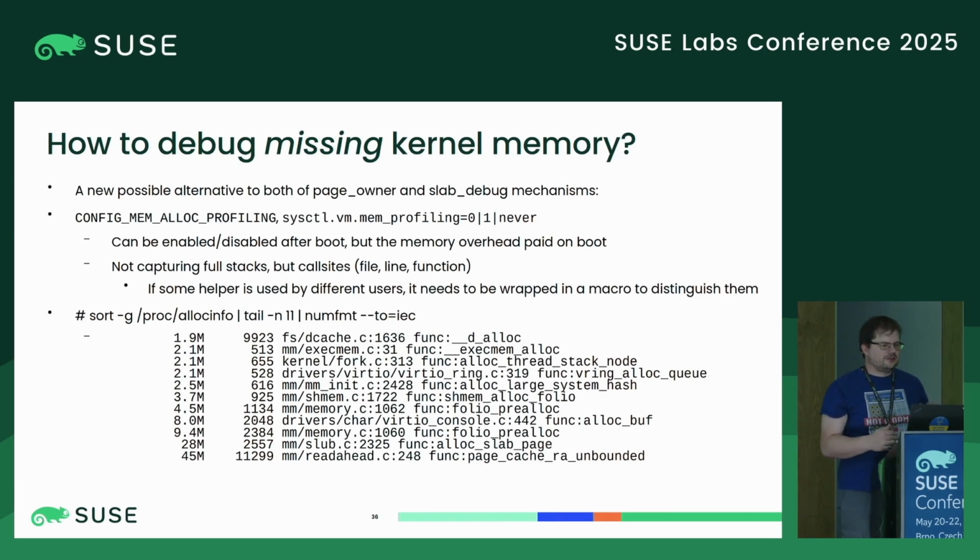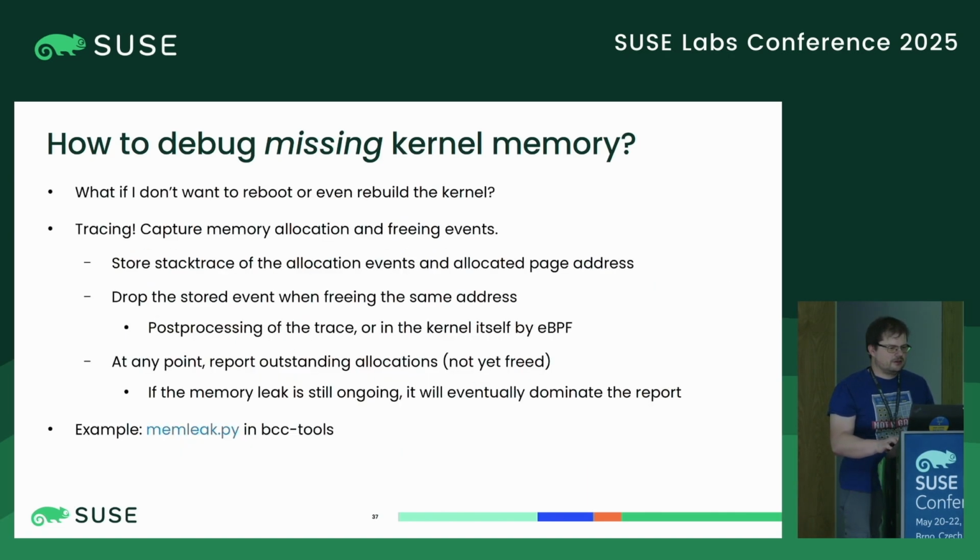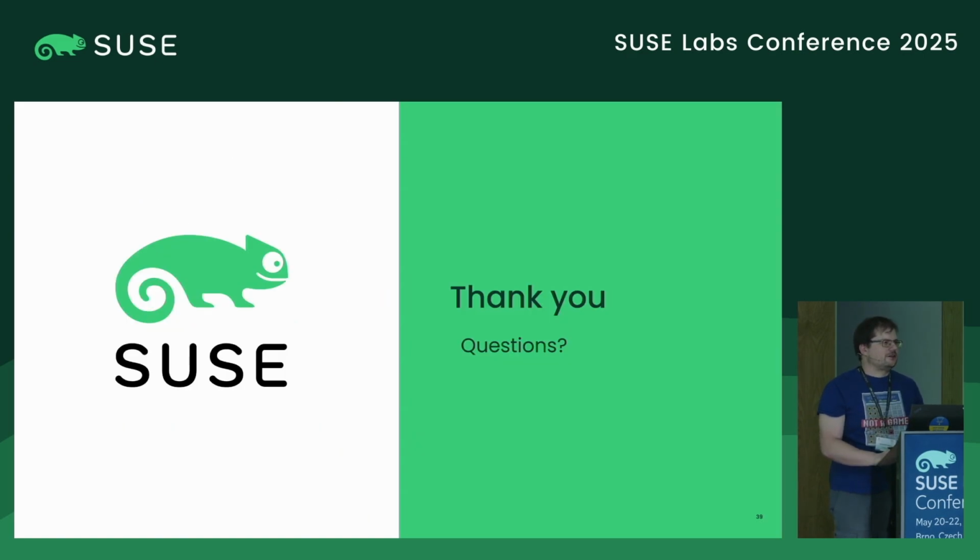So when there are helper functions that allocate from many different paths, you cannot distinguish them. So I would rather recommend using page_owner if you really need to debug memory leaks. Tracing is also possible, but that's the last slide. So thank you for your attention.